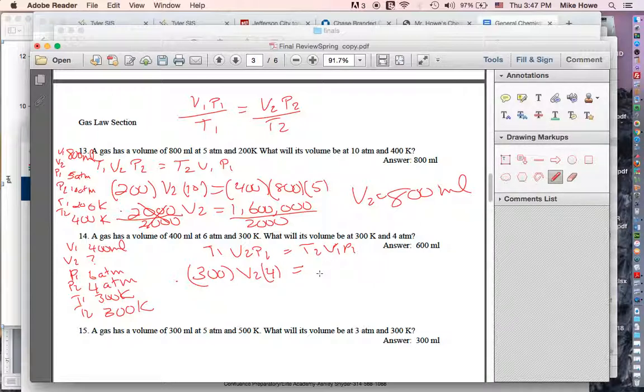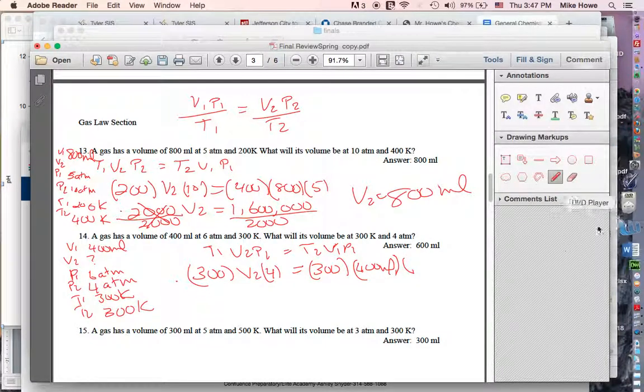T2 is 300 K. Since the temperature didn't change, I could just leave that out, couldn't I? But we won't right now. V1 is 400 milliliters, but you can leave the units off for space. And P1 is 6 atmospheres. Okay, so I just say 6.